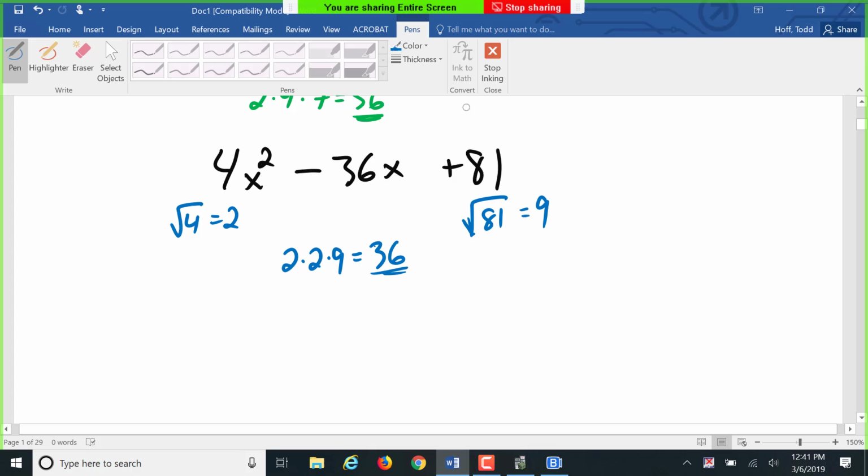It is still a perfect square. We got 2 in the front and 9 in the back. What it means is this is 2x, instead of plus 9, it is minus 9 squared.